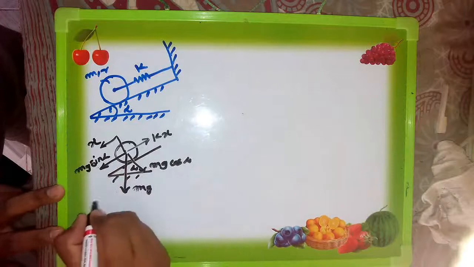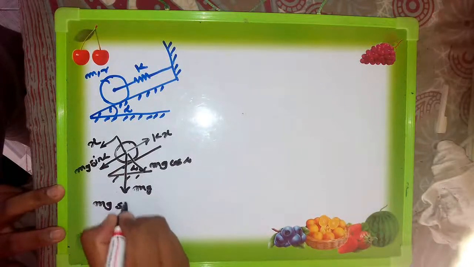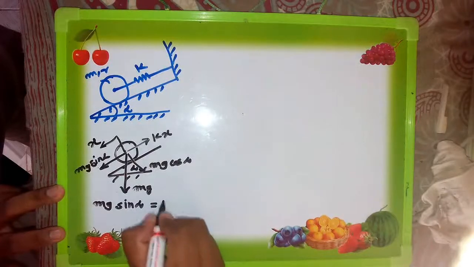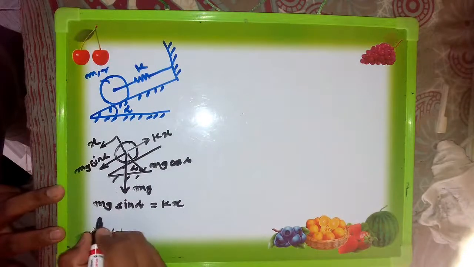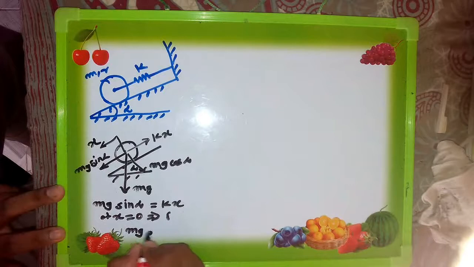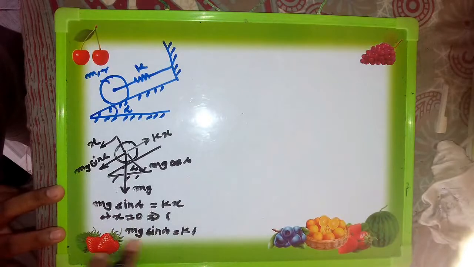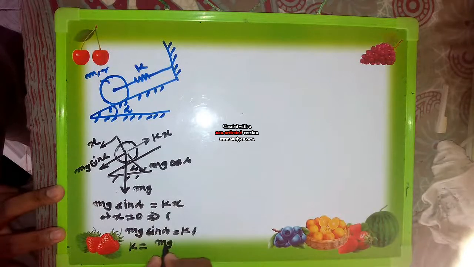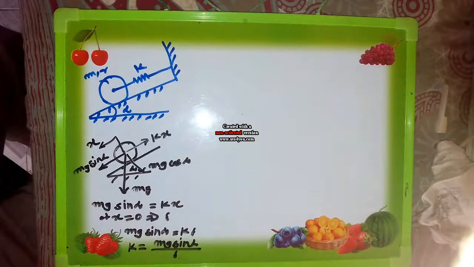So I can write down mg sin alpha is equal to k into x, but at x equal to 0 this term is delta, so mg sin alpha is equal to k into delta. So from this, stiffness k is equal to mg sin alpha upon delta, which can be put in the next equation afterwards.